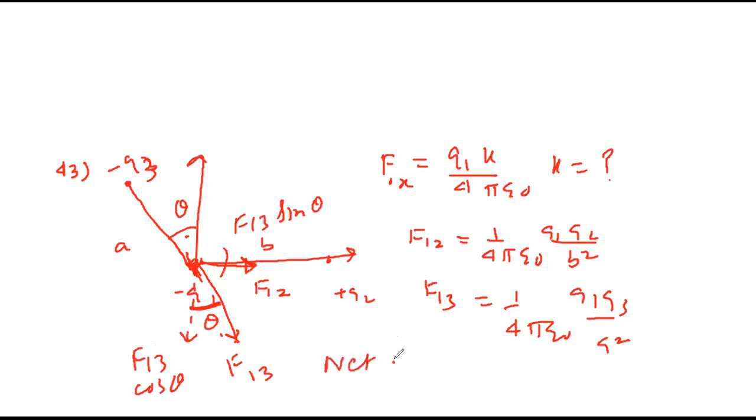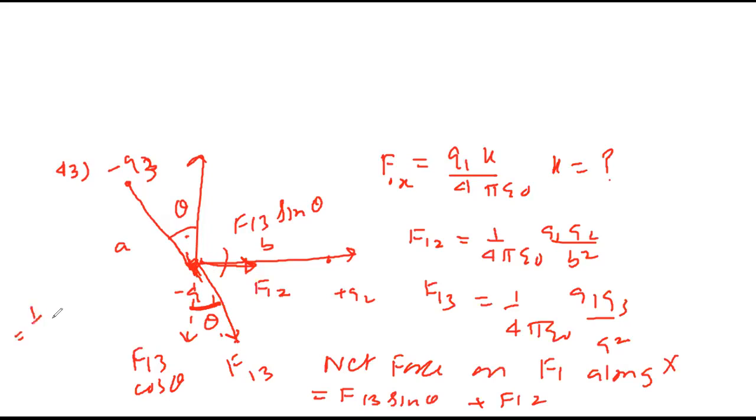So net force on 1 along x will be F13 sin theta plus F12. So F13 is 1 upon 4 pi epsilon naught Q1 Q3 upon A square into sin theta, plus 1 upon 4 pi epsilon naught Q1 Q2 upon B square.